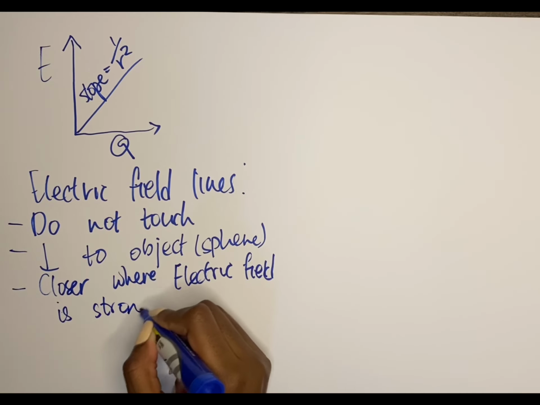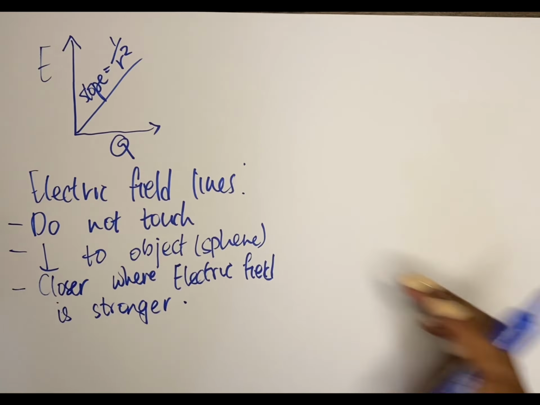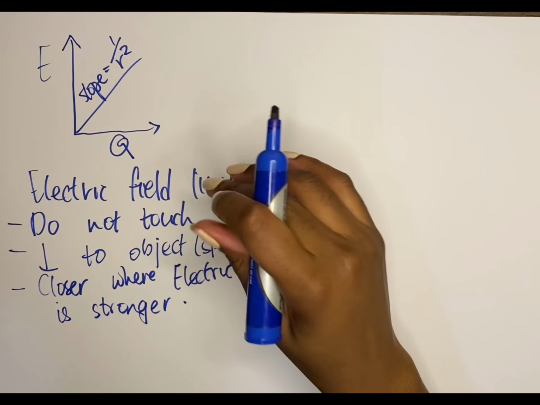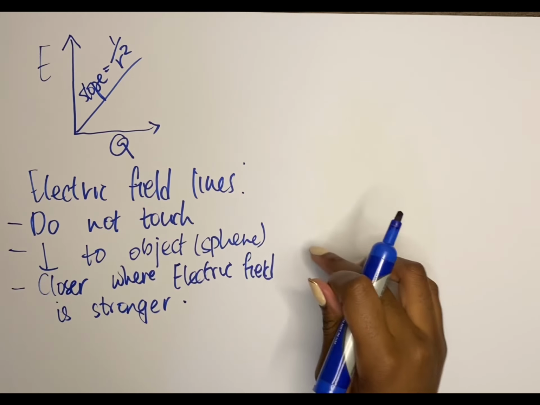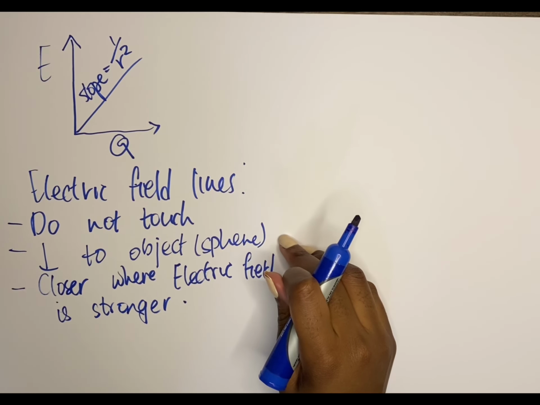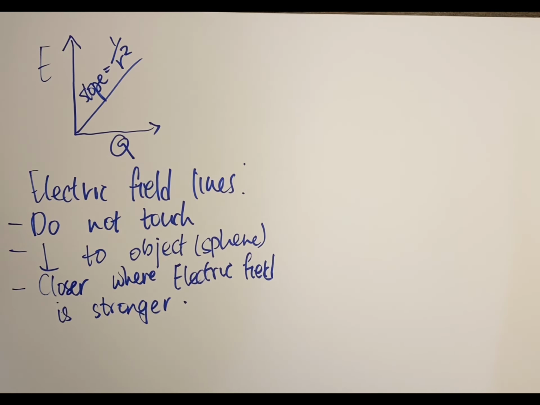That's just my own edition. But the most important thing there is the lines mustn't touch and the lines must be perpendicular to the object, right? And also the shape of the lines is also important, which we're going to delve into just now.